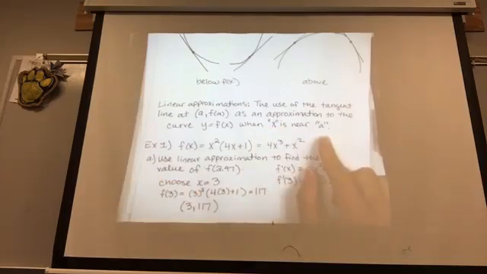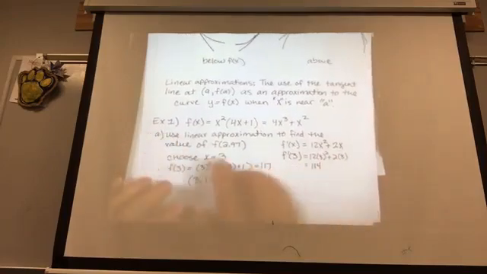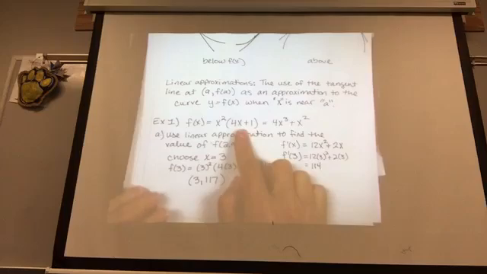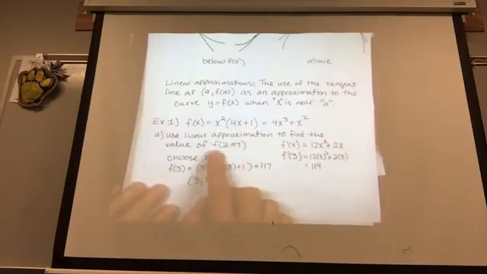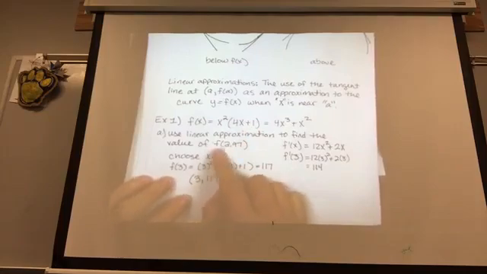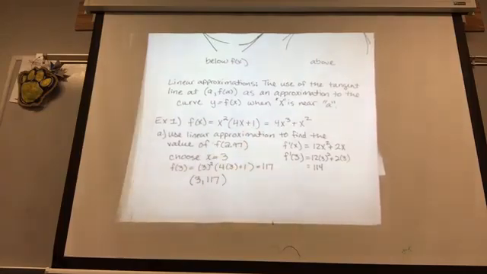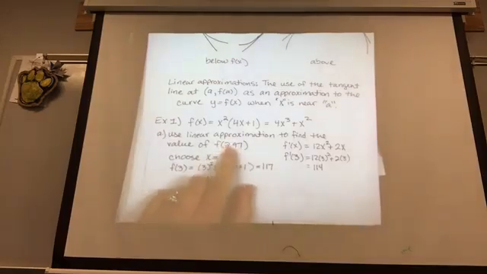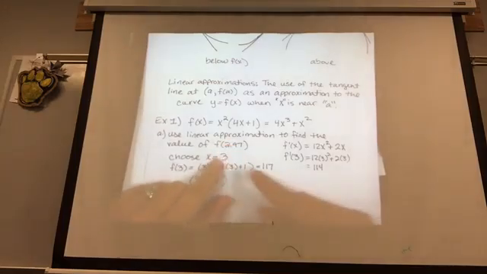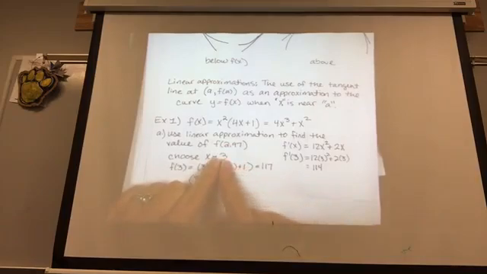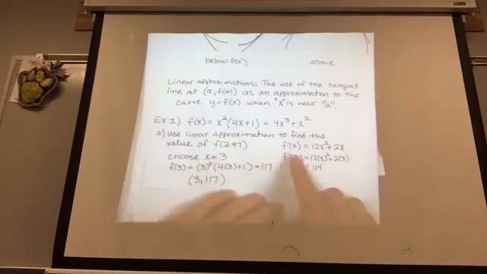And so on example 1, we have our function, and we're wanting to find an approximation for f of 2.97. So we know 2.97 is close to 3, so we found the tangent line for when x is equal to 3.